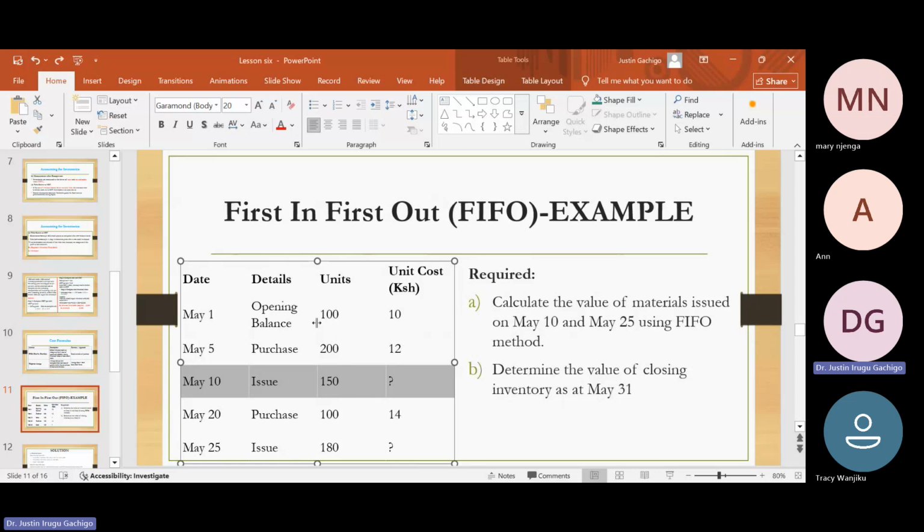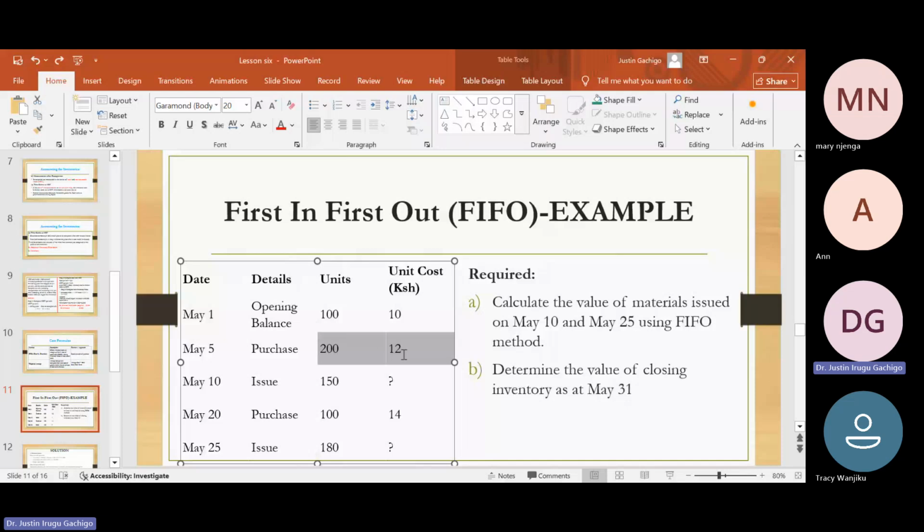So you are going to issue the first 100, you issue at 10 shillings, but we want 150. So there will be a balance of 50. So 50, you are going to remove them from here. That means that is 50 multiplied by 12. Yeah. So thank you for that.